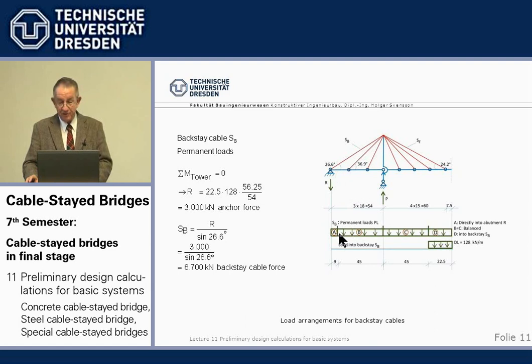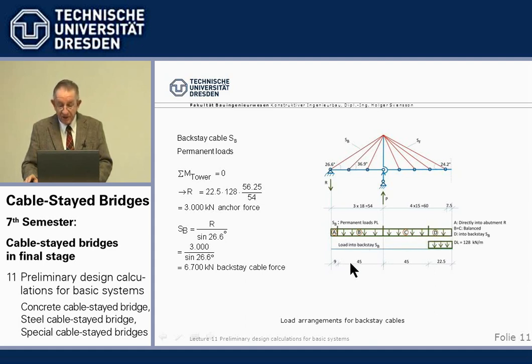First of all, we say about 1/2 of this distance between the backstay and the first cable goes directly as compression into the hold down, is out of the system. And then this remaining part, from here to here, is balanced between these two and does not go into the backstay cables. But what remains for the backstay cables is the unbalanced part of the dead load here in the center.